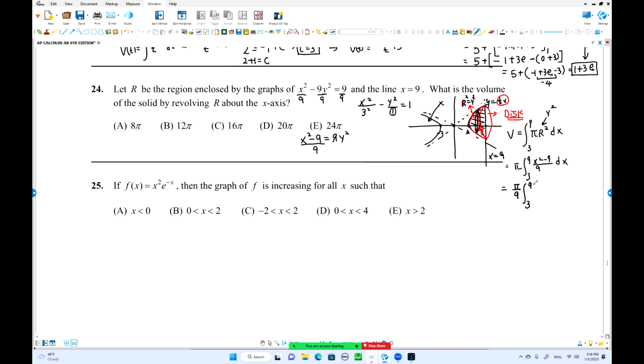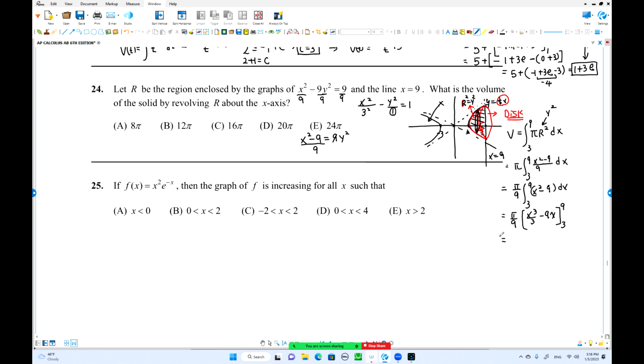From 3 to 9, inside is x squared minus 9 dx. The antiderivative of x squared is plus 1 divided by 3, right? So x cubed over 3 minus 9x, okay? Take the integral from 3 to 9, okay?